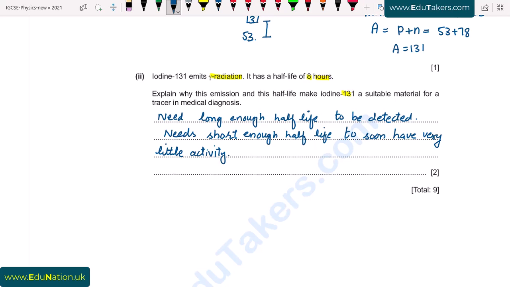It means that it will not stay inside the body. And we know that the ionization power of gamma rays is very small as compared to alpha and beta. So I write here gamma weakly ionizing, or it can pass out of the body without harm.